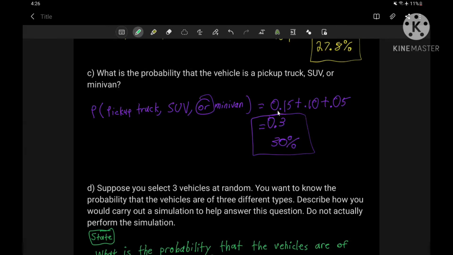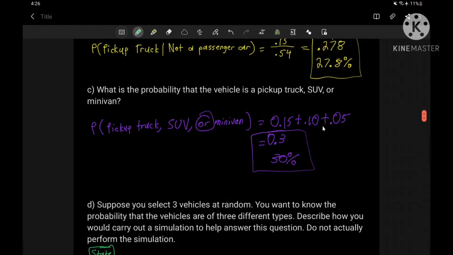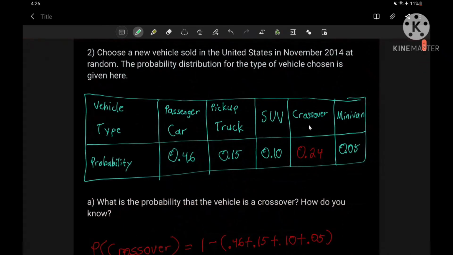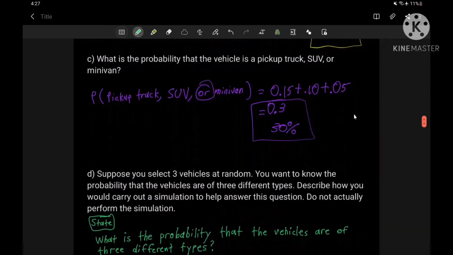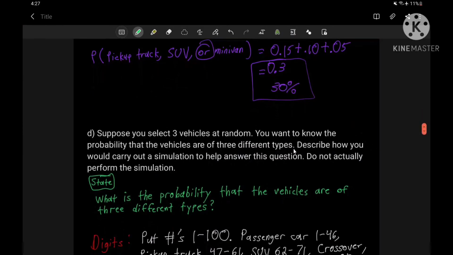So 0.15 plus 0.10 plus 0.05. And how I got it? It's right here. 0.15, 0.10, 0.05 for pickup truck, SUV, and minivan. And when you add them up, it's equal to 0.3 or 30%.